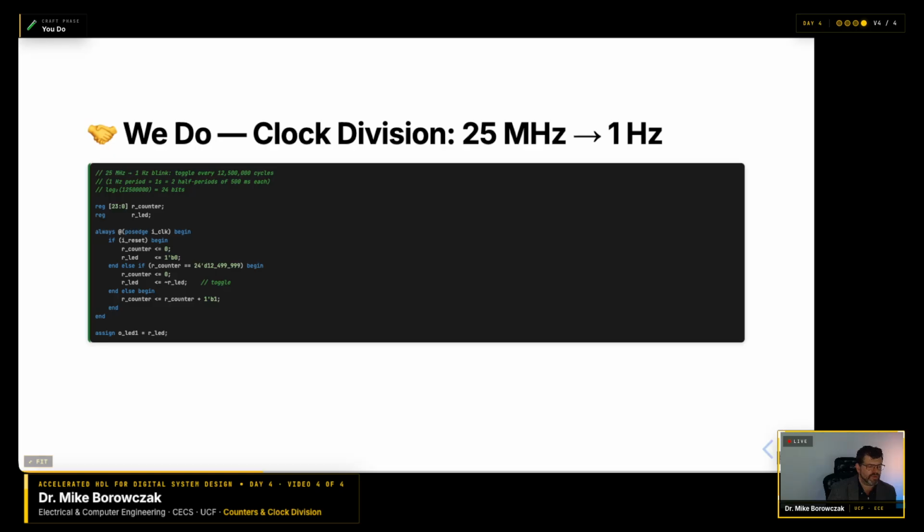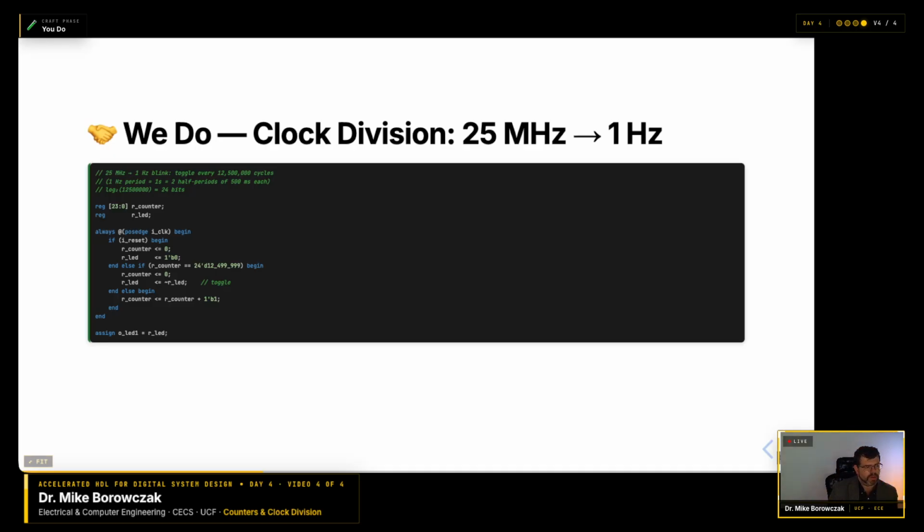It's toggling every 12,500,000 cycles. If we look at a 1 hertz period, 1 second equals 2 half periods of 500 milliseconds each. If we take the log of 12,500,000, that is actually 24 bits that we need. So that's why we have a counter that is that size.